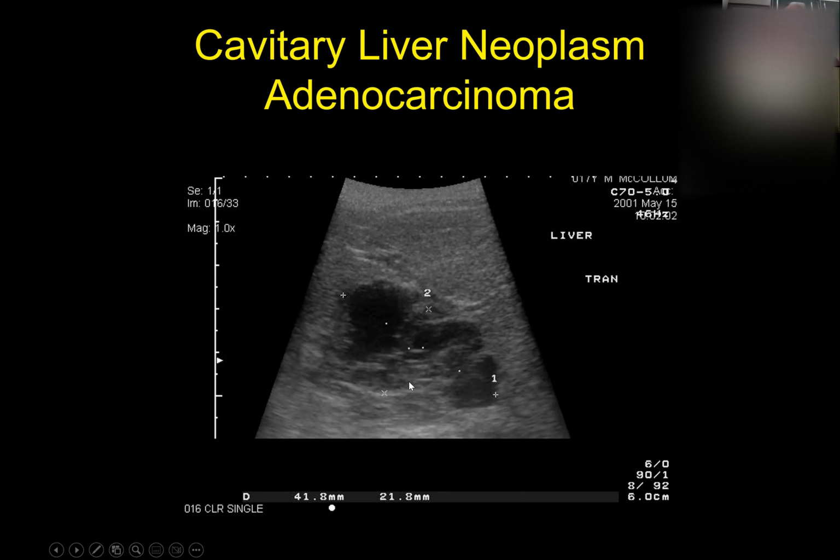So far, I have poorly defined, irregular margins, and it's not perfectly round to oval in shape. And does it look like it's got debris? Yeah, it's got some of this weird echogenic tissue that's making up part of this cavitary looking ill-defined mass. So if I had to bet, is this most likely malignant or most likely benign?